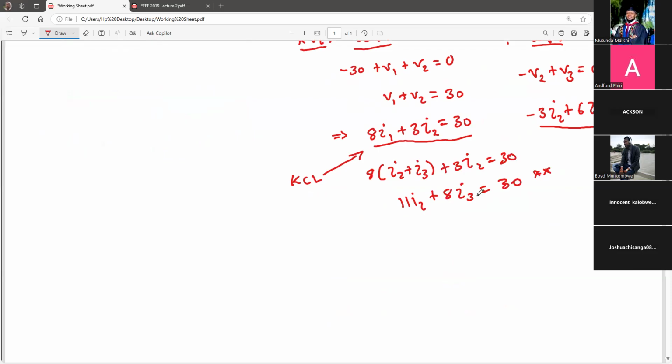That means that these two equations can now be solved for the currents I2 and I3. So how you would solve that, I think we already know.